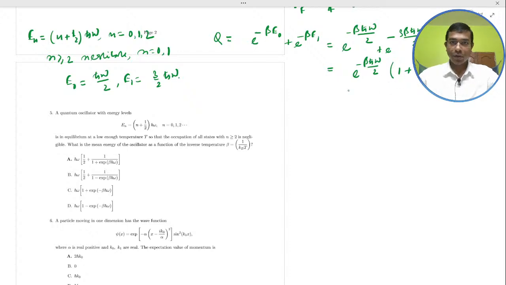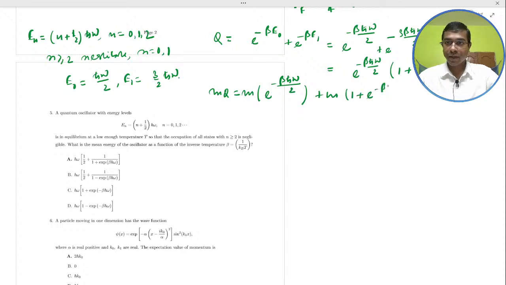Okay, so take ln both sides. ln Q equal to ln e to the power minus beta h cross omega by 2 plus ln of 1 plus e to the power minus beta h cross omega. So this will become minus beta h cross omega by 2 plus ln of 1 plus e to the power minus beta h cross omega.